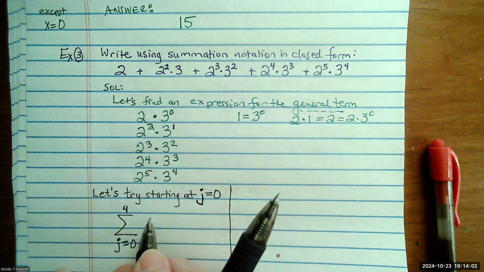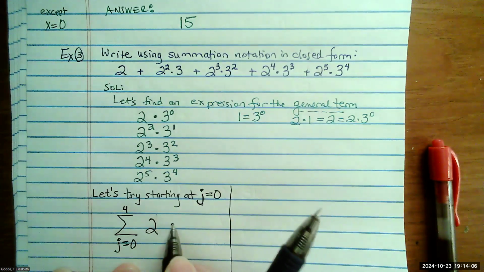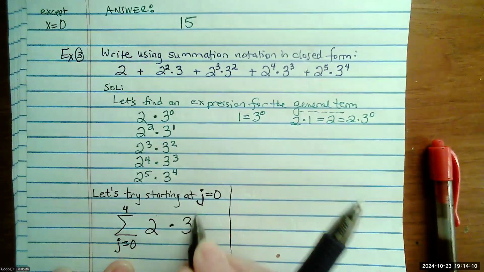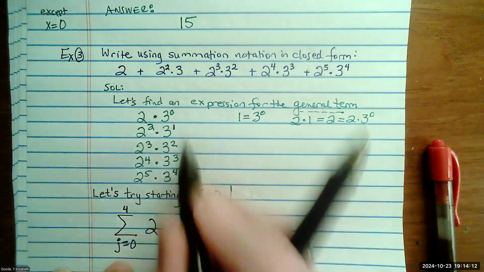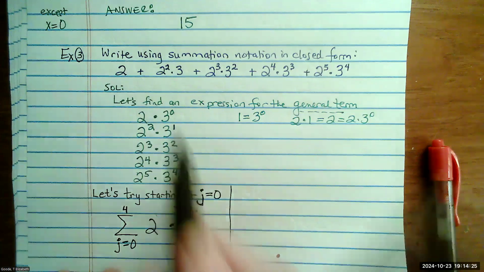So we need 2 raised to a power times 3 raised to the power j, because we picked j equals 0, right? So what would be the right power expression to go on the 2? J plus 1. Careful.